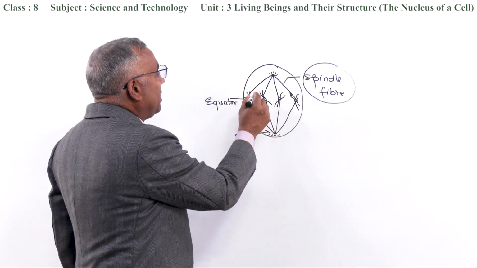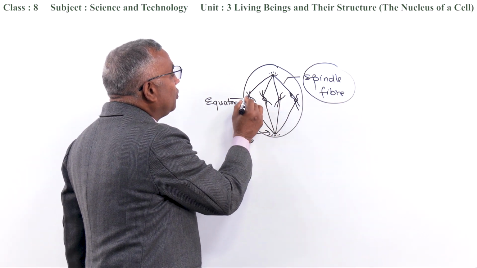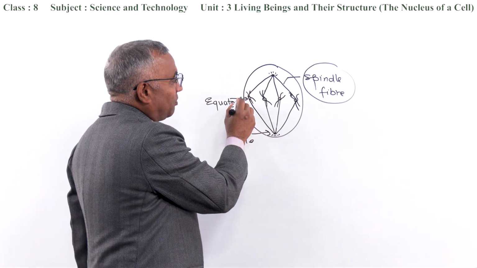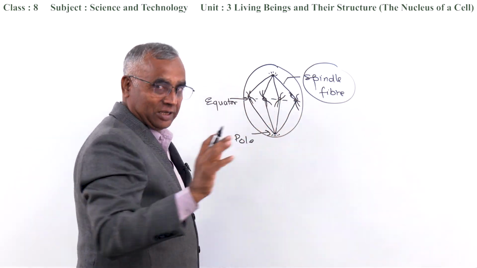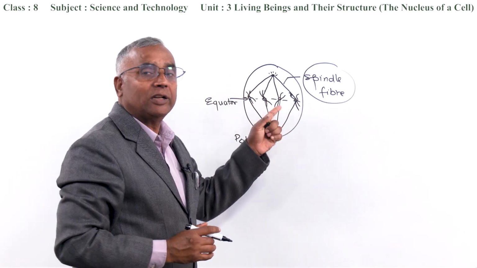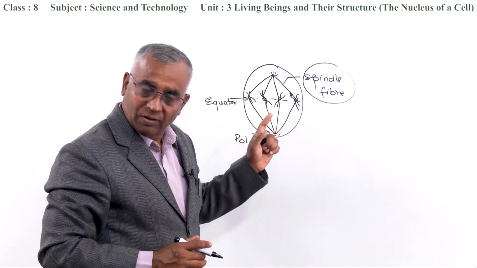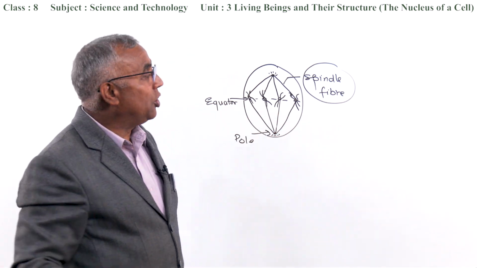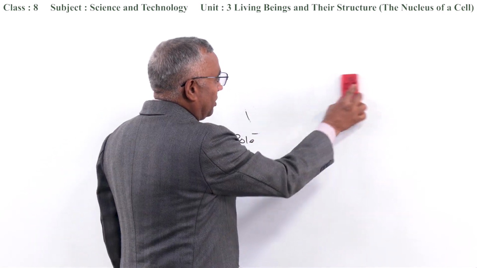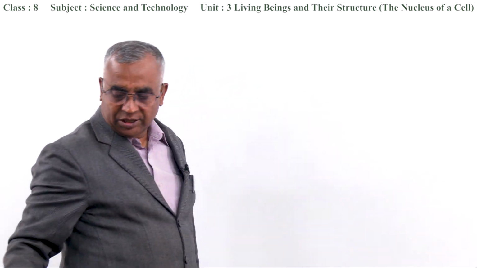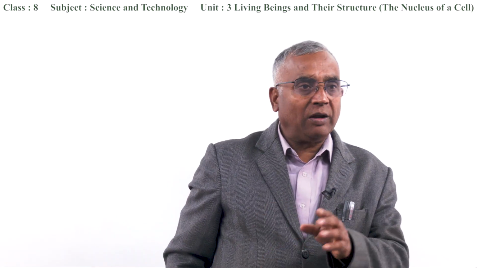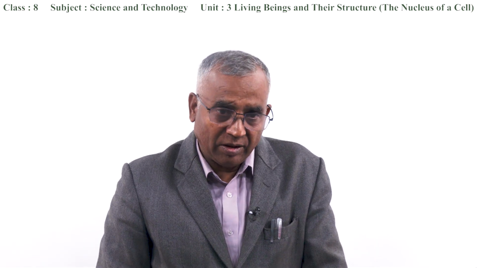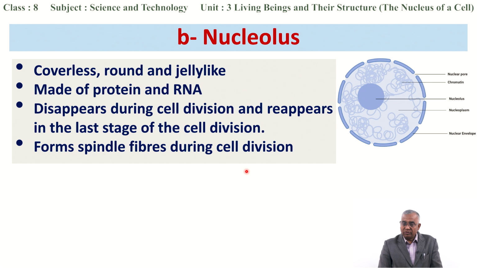Yes, and these spindle fibers help to bring these chromosomes to the poles. The whole process you are not going to be taught here, just understand what a spindle fiber is. Okay, students? So, spindle fiber is formed by what? Nucleolus. Okay. The process is not necessary to know, but what is a spindle fiber? Just to identify that, I have given this diagram. Okay. So, that is about the nucleolus.